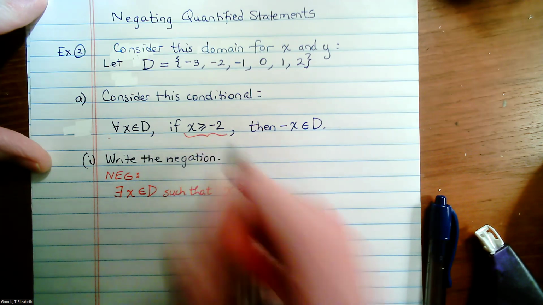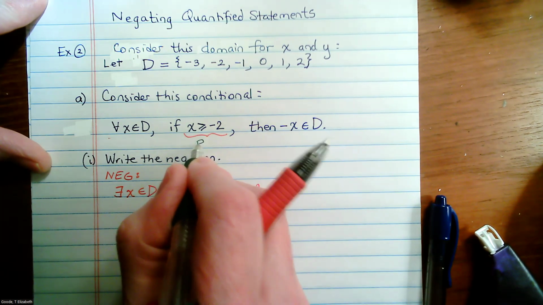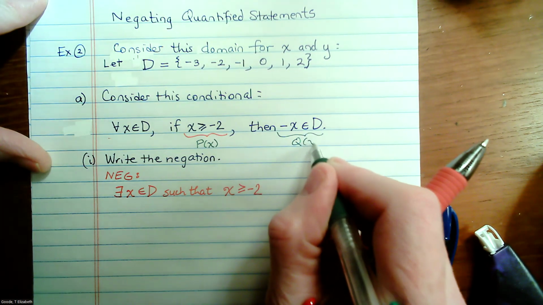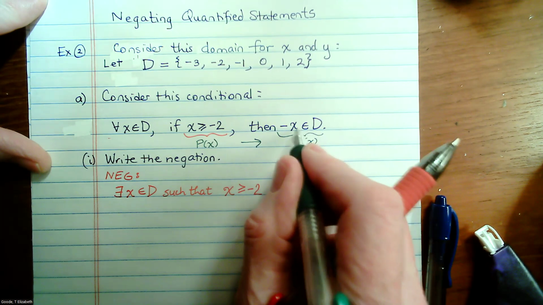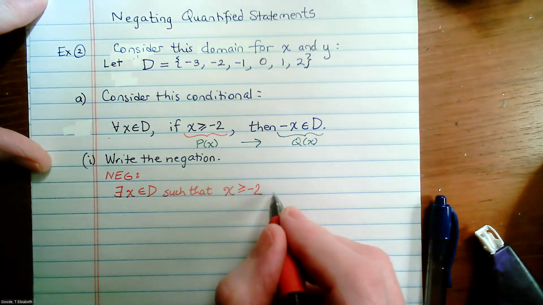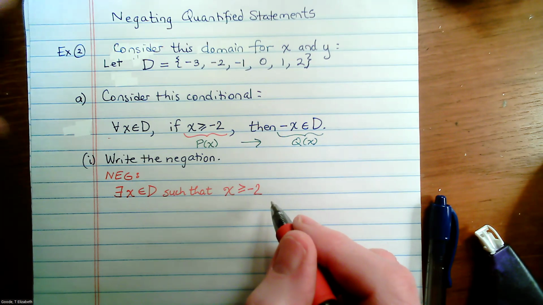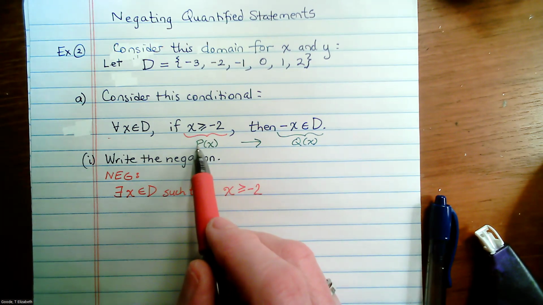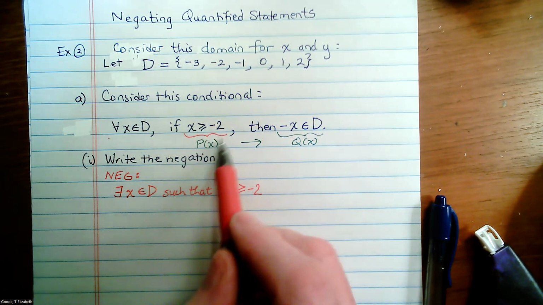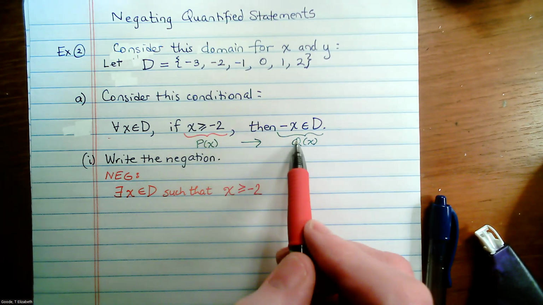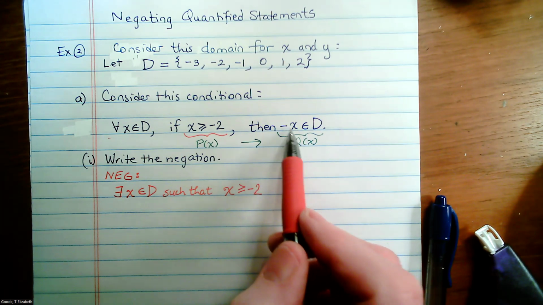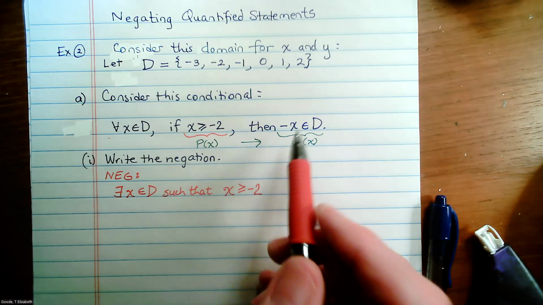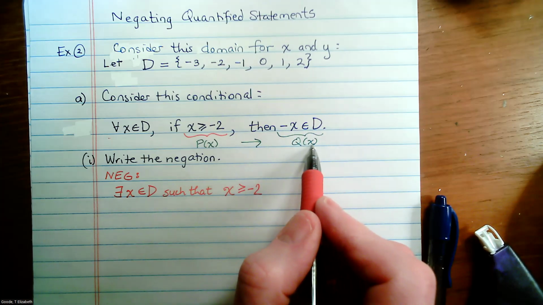Right, because our P of X is X is greater than or equal to -2, and our Q of X is this statement. When you write P of X and Q of X, what you're saying is X satisfies the condition P. It's a property of X. The property here is that it's greater than or equal to -2. And this also is a property of X. It's that -X is an element of D, but it has something to do with X. The variable is X, so that's why the X is there.